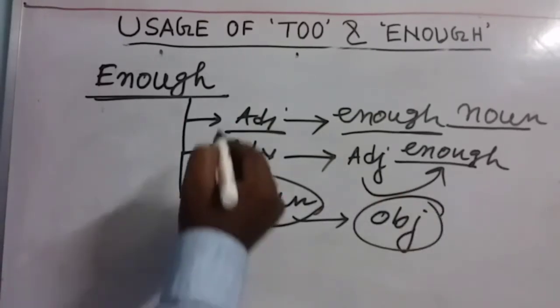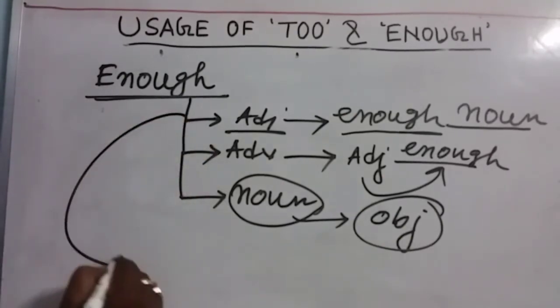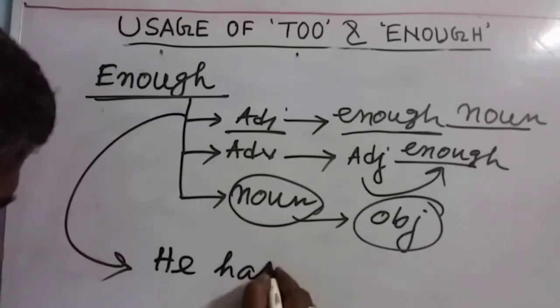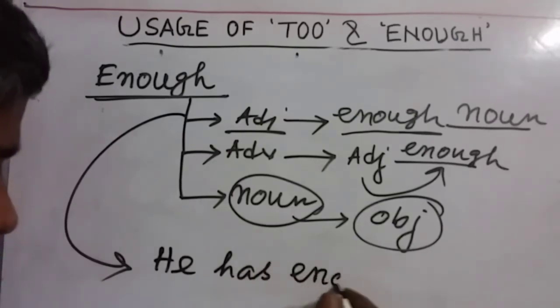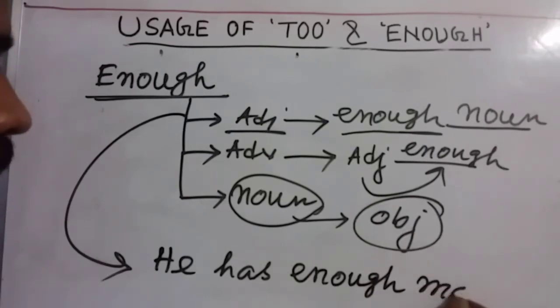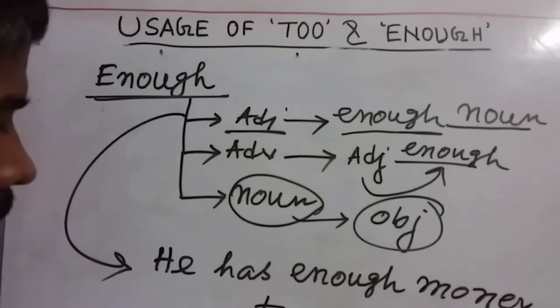So my dear friends, I'm just writing down an example. You can see here enough, it is being used as adjective. So he has enough money to give away.